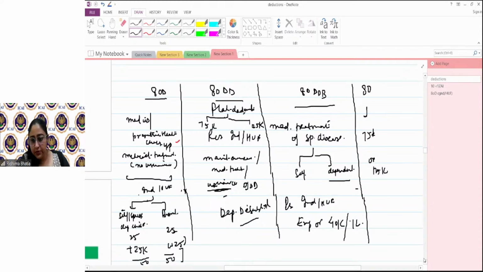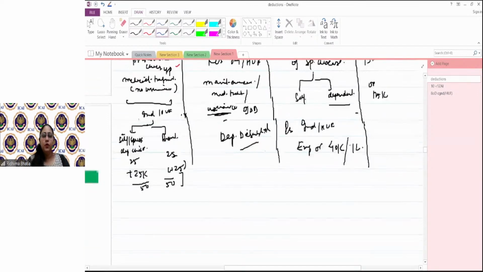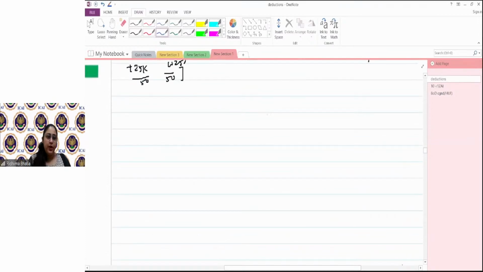So we have a situation where the individual is a person, the resident individual. Now his mother is dependent on the individual. First of all, dependency is a criterion only for 80DDB if I compare it with 80D.